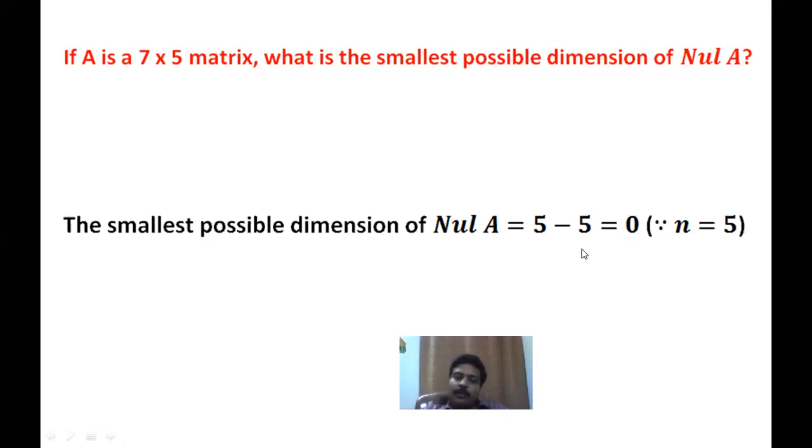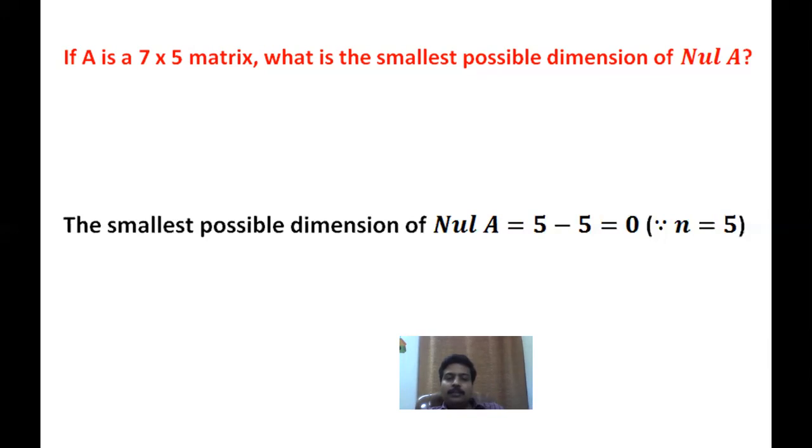If the dimension of null A is 0, then there will be only one vector in the null space of A, that is the 0 vector, which is obvious in any case. So except 0, there will be no vector in null A. That is also a possibility. That is what we are saying. The dimension of null A may be more than 0; that is also possible.